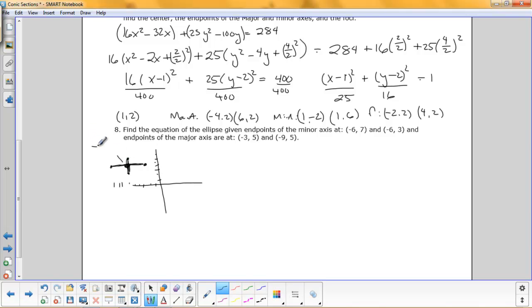In this case, that's (-6, 5), which, if you are observant, you'll notice is the intersection of both the x and the y values there. The length of a is 3, the length of b is 2, so a equals 3, b equals 2, (x plus 6) squared. Because a is horizontal, we will put the 9 underneath it, plus (y minus 5) squared over 4 equals 1.